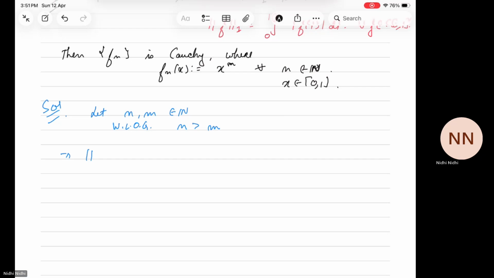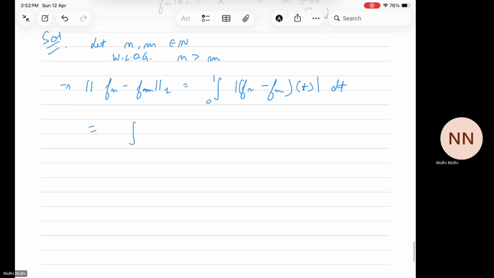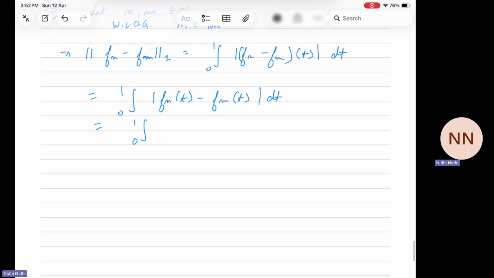Then the L1 norm of Fn minus Fm is equal to the integral 0 to 1 of mod Fn(t) minus Fm(t) dt, which by the definition is the integral of mod t to the power n minus t to the power m dt.